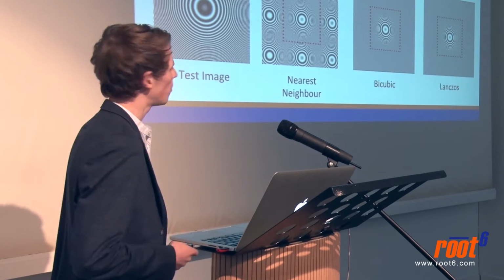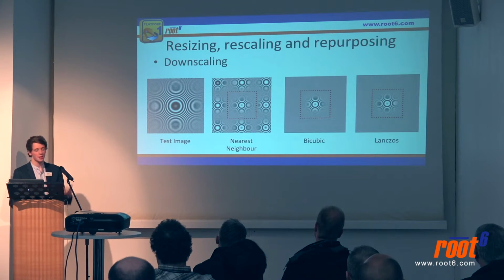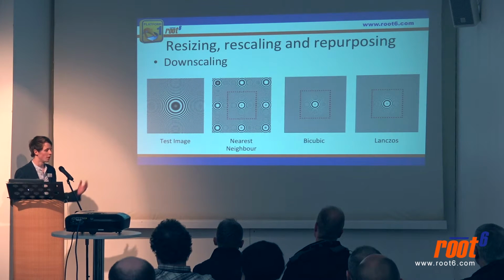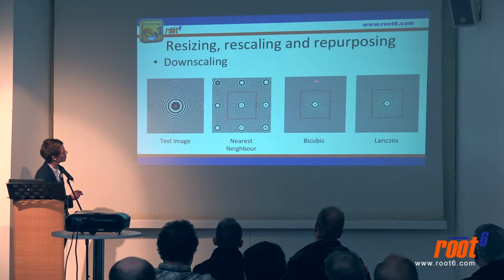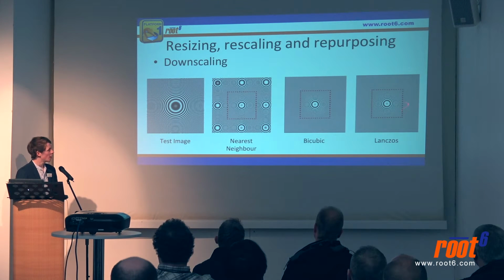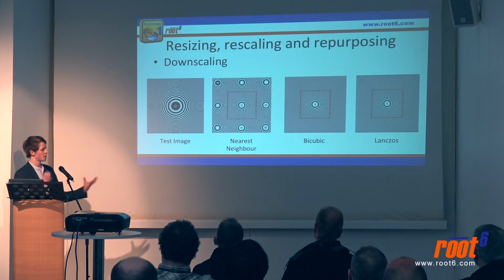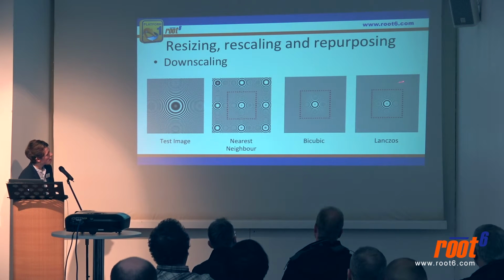Bicubic is a more complex algorithm, and this is the sort of algorithm you find as standard in products like Photoshop when resizing images. Obviously it's done a much better job, but you can see there's still a bit of stuff, and some circles around the outside that have been incorrectly interpolated. Now Lanczos leads the way as the quality algorithm that people are using, and here you can barely see anything.